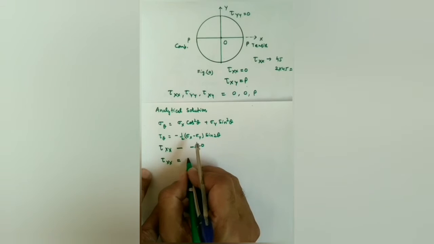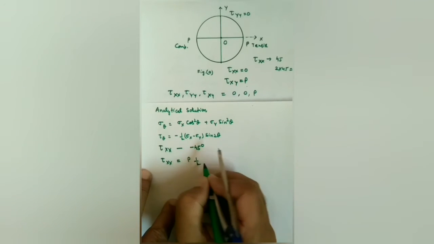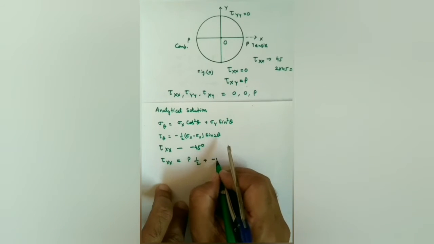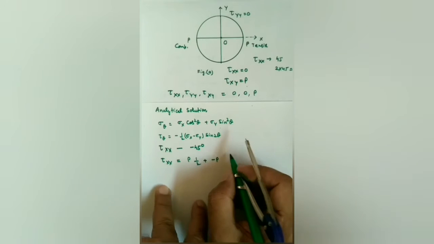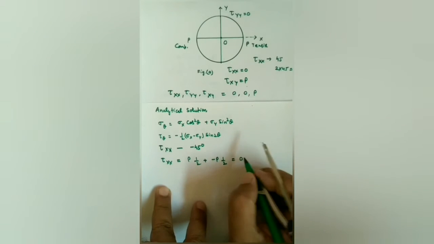So we get sigma x is P, cos square minus 45 will be 1 by 2, and sigma y is minus P, sin square 45 will be 1 by 2, which gives 0.